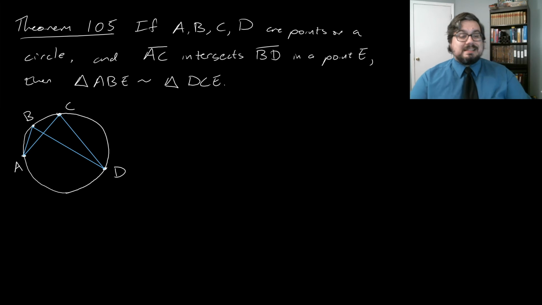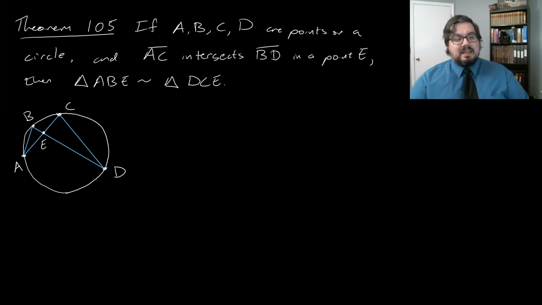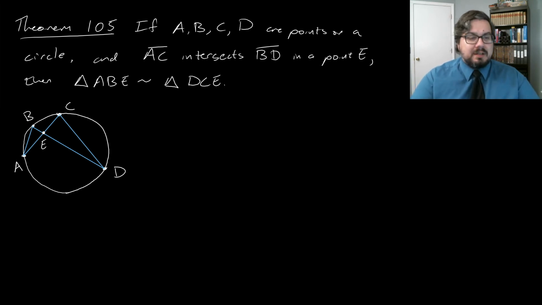All right, so this is the figure that we're looking at. This is what's given by the statement of the theorem, and the claim is that the two triangles that we've constructed by connecting up these points this way are in fact similar to one another, which is certainly not obvious, but let's see how this goes.